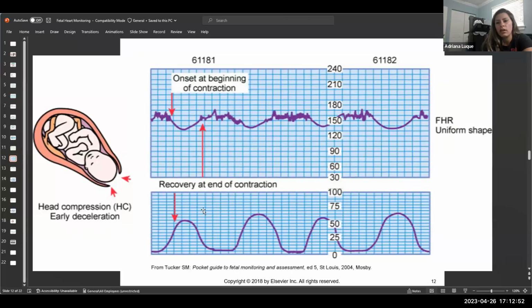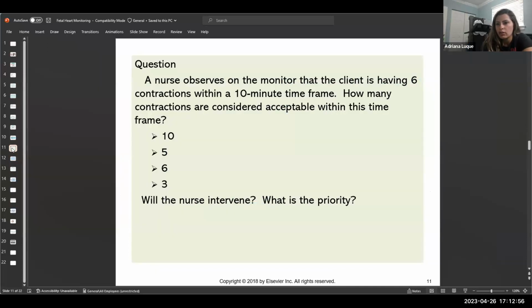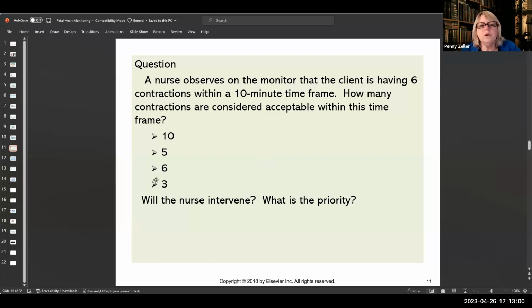If we get a question like that on the exam, we should choose 3.